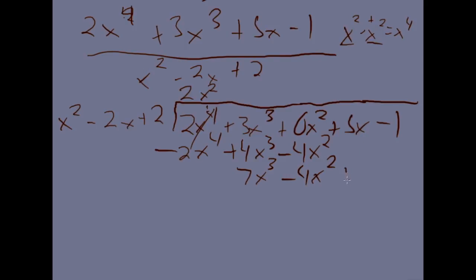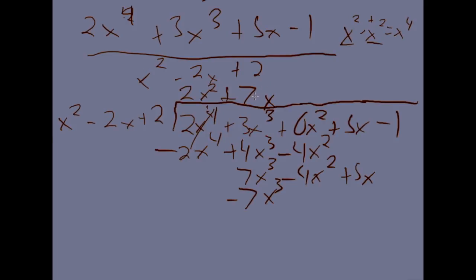And then we bring these down, plus 5x. All right? And then just like we would in long division, now, how many times does x squared go into 7x to the third? You would be correct if you said plus 7x, right? And this would be negative 7x cubed.